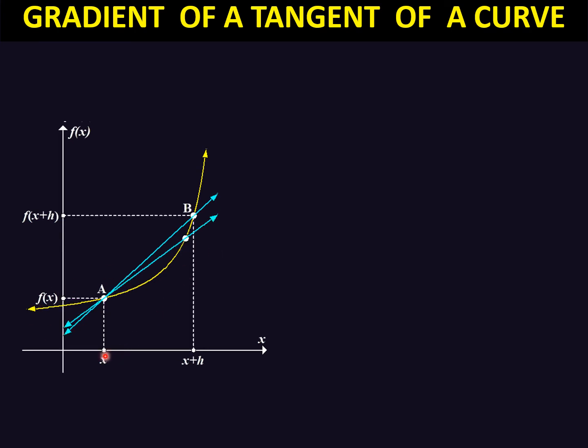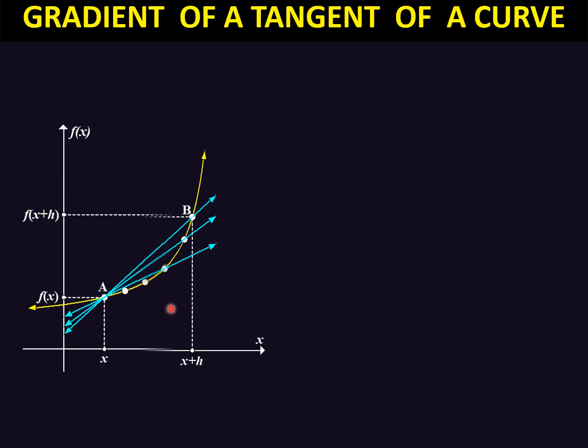So in other words, there's x and x plus h. Maybe if that h was 0,9, this would be 2,9. And this one will be less, maybe 2,8, or x plus 0,8. And this one here could maybe be x plus 0,6, and I can get closer and closer to A.